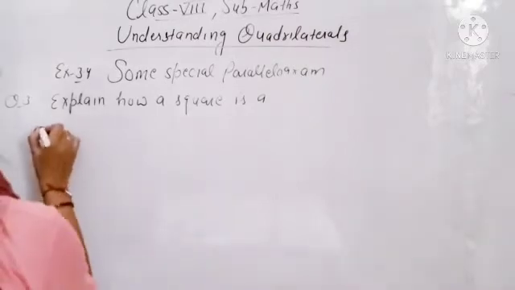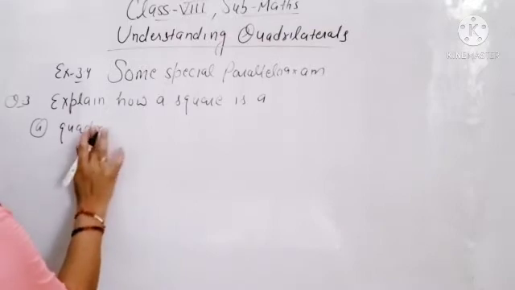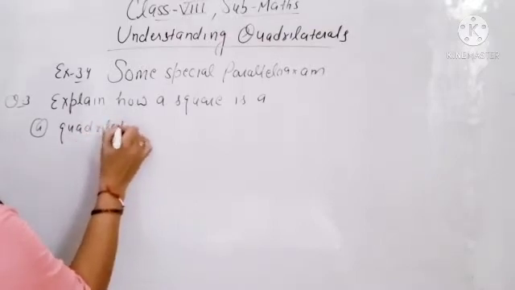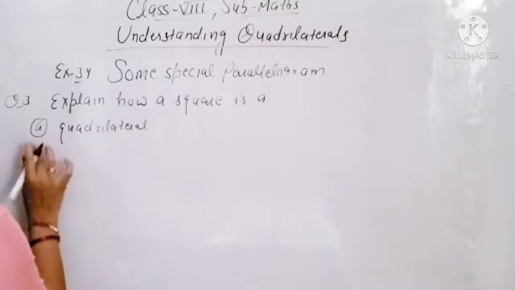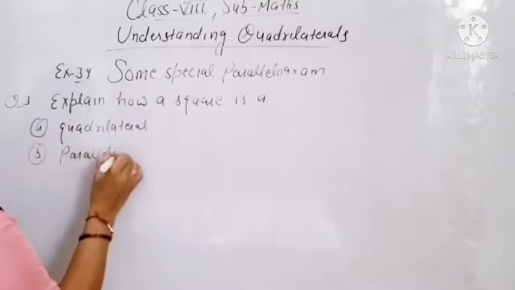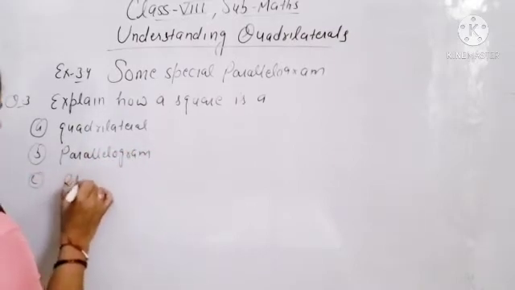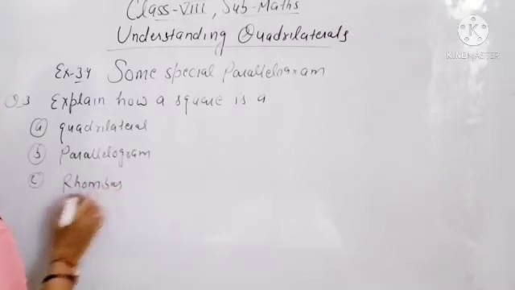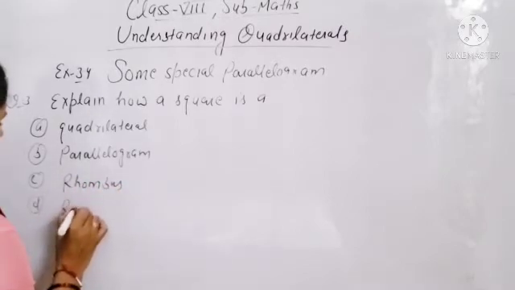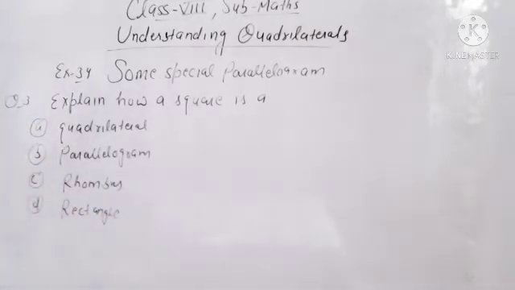Okay, quadrilateral, second one parallelogram, rhombus and rectangle. Clear? So explain how a square is a quadrilateral, parallelogram, a rhombus and a rectangle.